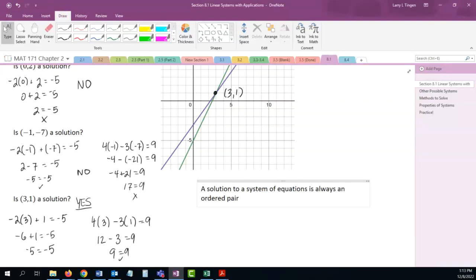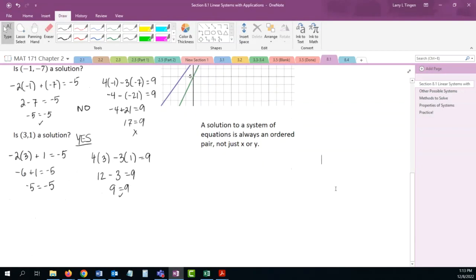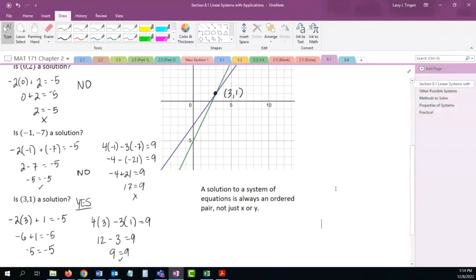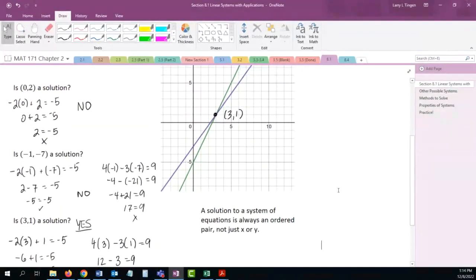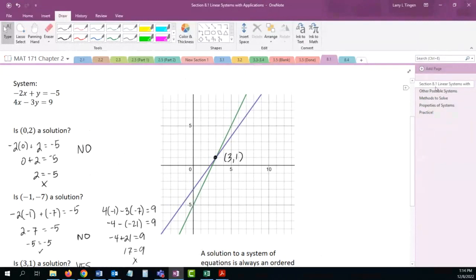But it's always going to be not just a single value, not just x or y. Answers are always ordered pairs for systems of equations, because I can plug in the same x to both equations, end up with different y's, and then that means I don't have a solution.